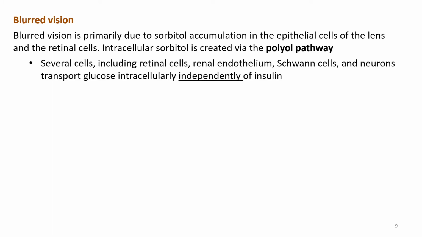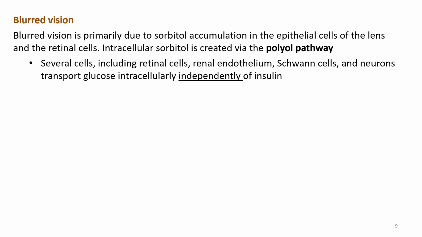Several cells, we talked about this before, are non-insulin dependent. In other words, they don't need insulin to take up glucose. This includes retinal cells, renal endothelium, the epithelium of the lens, Schwann cells. Remember, Schwann cells myelinate neurons in the peripheral nervous system, and also neurons themselves.